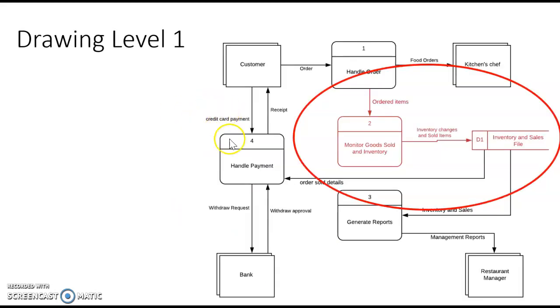Now, I'm going to go to the second process, which is monitor goods sold and inventory. What is this process about? It's going to take the order items from all of the orders and check out. It's going to store the sales in a data store, and in the same data store, it's going to store the inventory, like what kind of food is used.